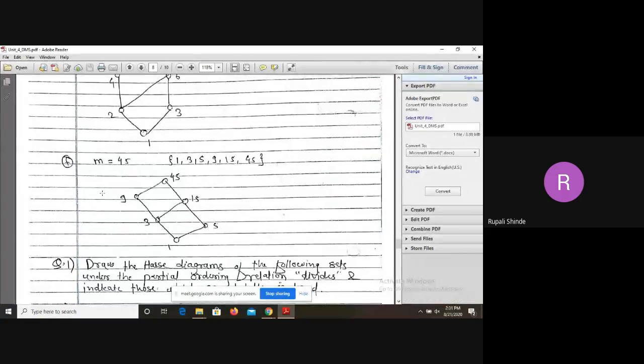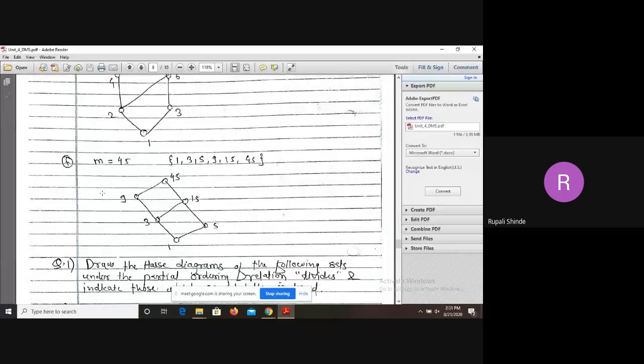Any doubt? Sonal, whatever diagram you have sent on WhatsApp, in that diagram there is one mistake because you have connected 5 and 9 by a direct line, but 5 is not a divisor of 9.